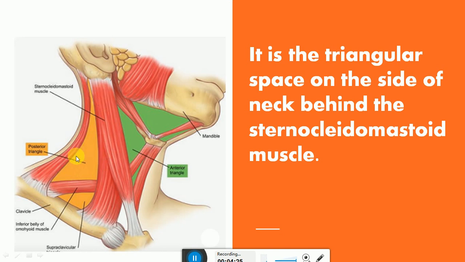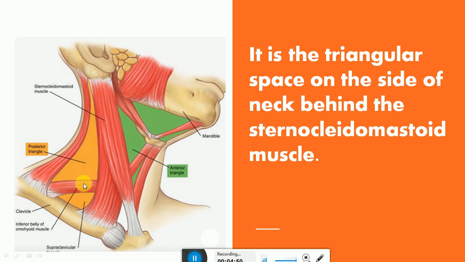The sternocleidomastoid muscle. And posterior to this triangle is the trapezius muscle. Is that clear? Now one more thing you can see in this triangle: this is the inferior belly of the omohyoid muscle, and this is the superior belly.